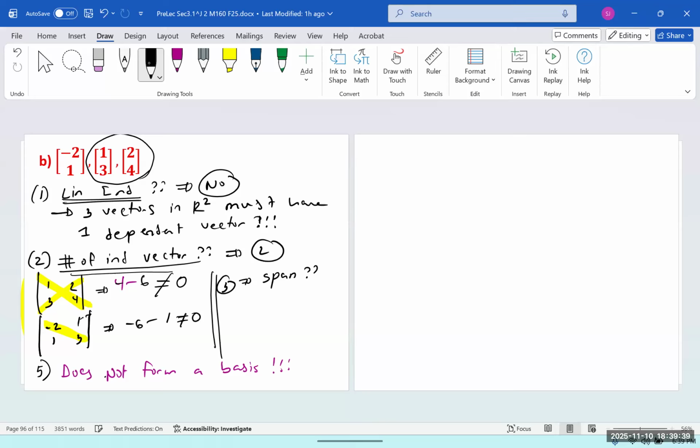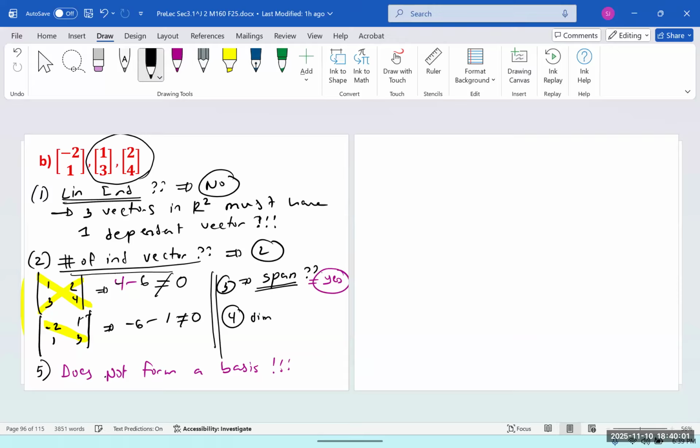Do they span the entire R2? We have 2 linearly independent vectors in R2. So do they span your R2? Yes. That tells us the 4th question.